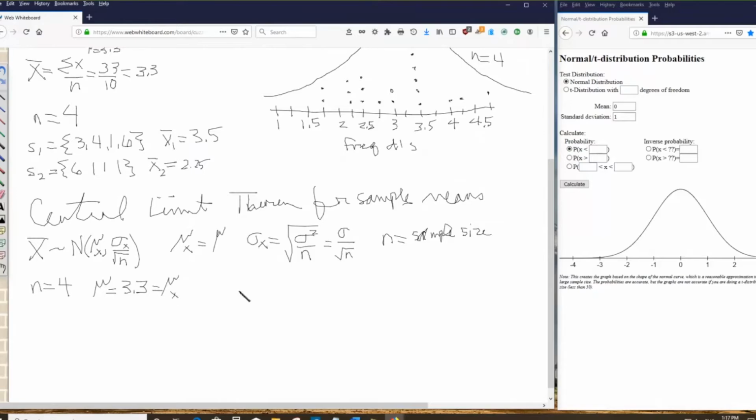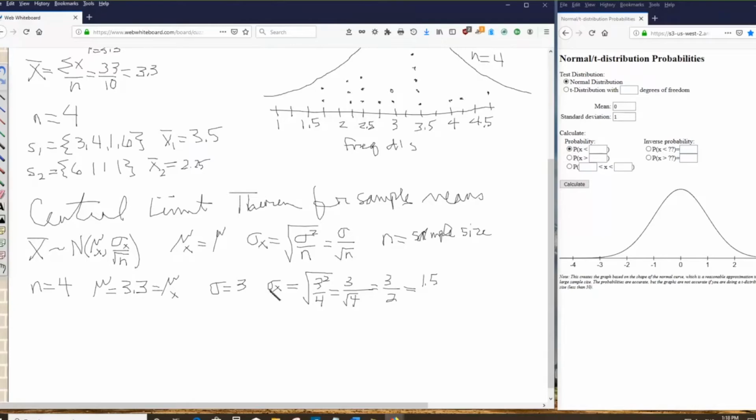And then let's say I start with a standard deviation of 3. Then my standard deviation for the sample mean would be the square root of 3 squared divided by 4. I can write that as 3 over the square root of 4, which is 3/2, which is 1.5.